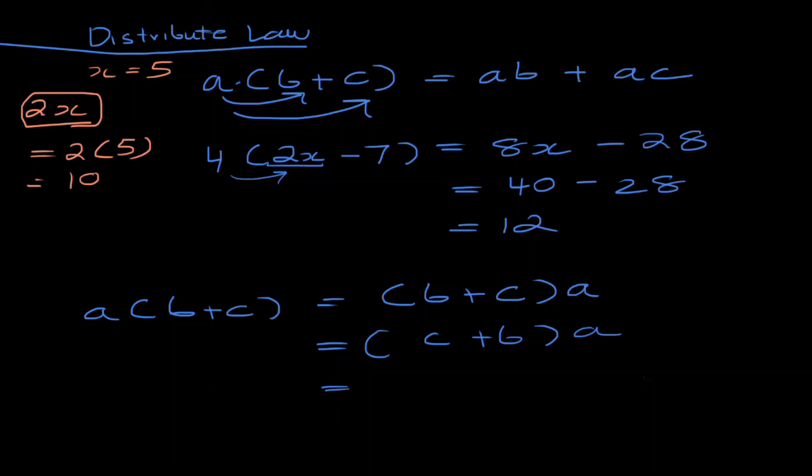So if we were to use distributive law, we take whatever's on the outside and multiply with whatever's on the inside. So we can just go like that. And so that's CA plus BA. And this is the exact same because if you were to plug in values, we get the exact same answer. And so that's the distributive property.